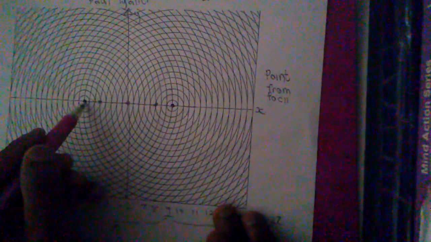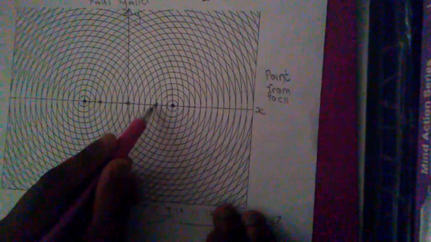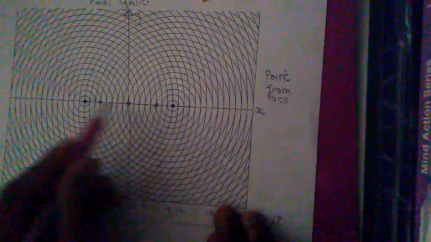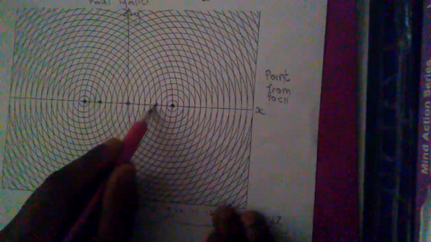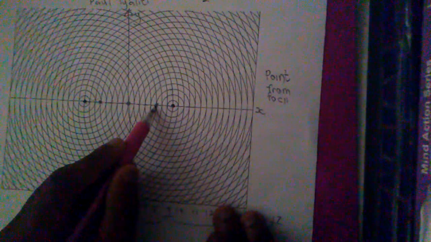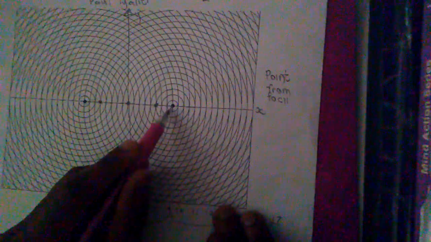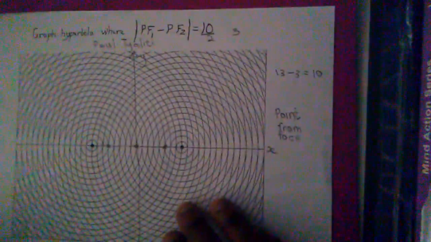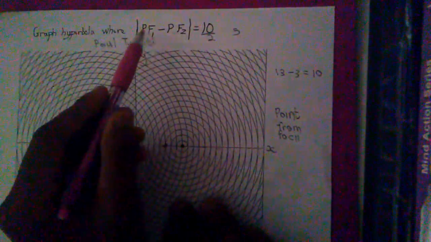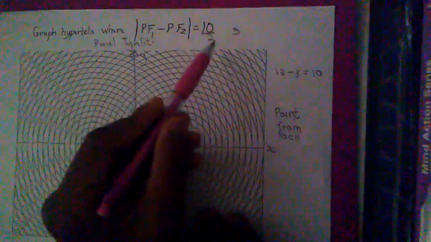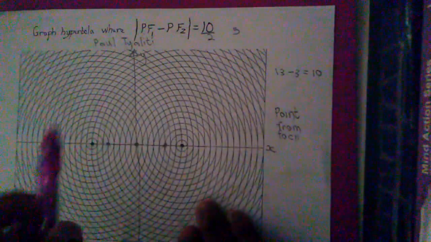If we look at this point over here, if we count the distance, we'll find that it's 13 units away from foci 1 and 3 units away from foci 2, and 13 minus 3 equals 10. So it meets this condition of PF1 minus PF2 equals 10.